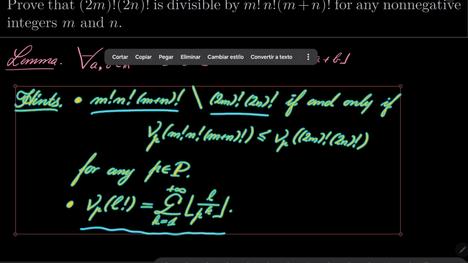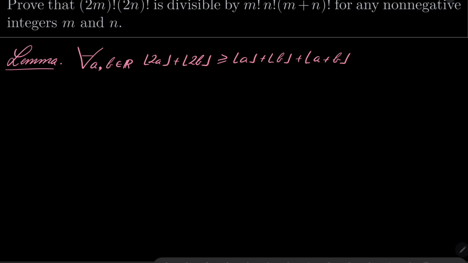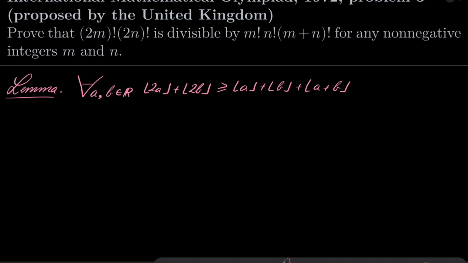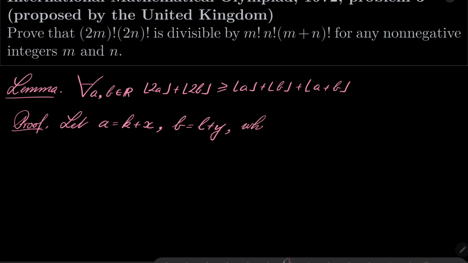All right, so first, let's prove our lemma because we will need it. The proof is quite simple. Let's write a equals k plus x, and let's write b as l plus y, where k and l are integers and x and y are real numbers from 0 to 1.